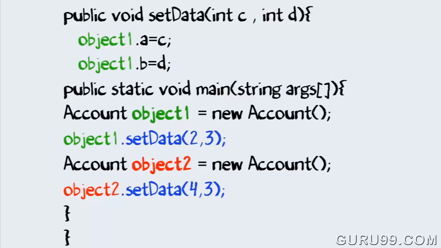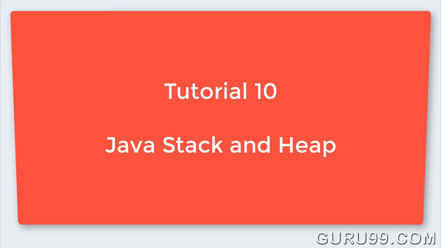While object 2 is calling the setData method, instance variables of object 2 are modified. This process is taken care of by the compiler itself, and you do not need to append this keyword explicitly unless there is some exceptional situation, as in our earlier examples.